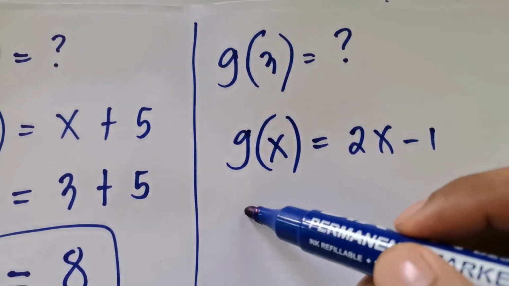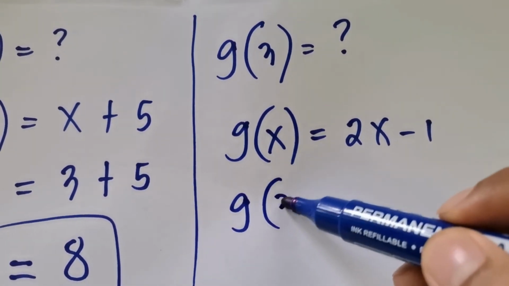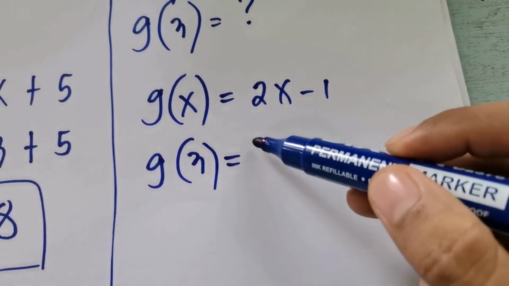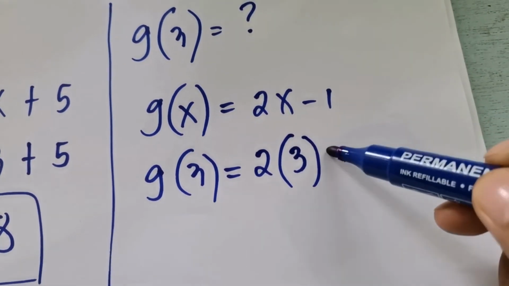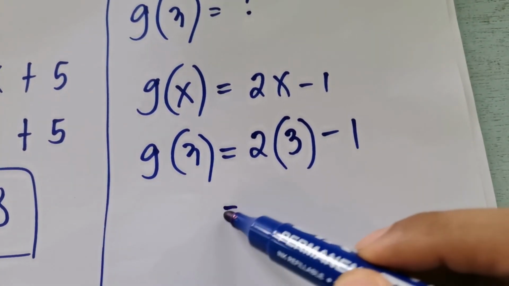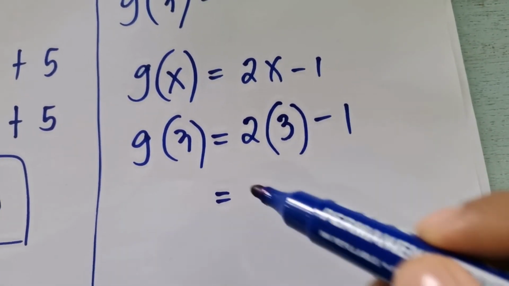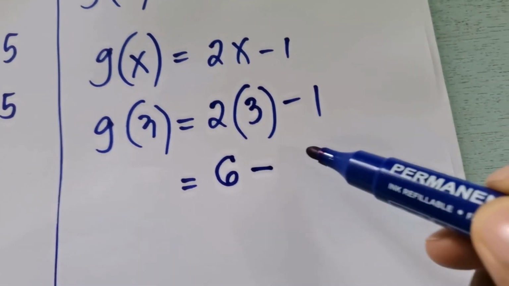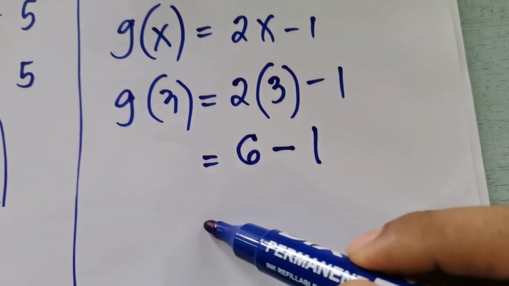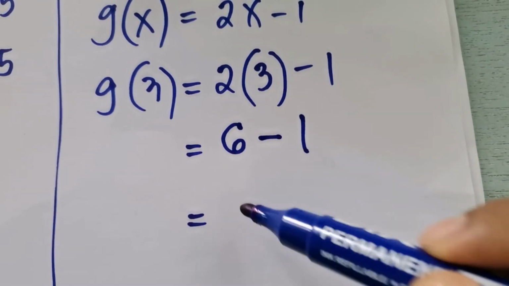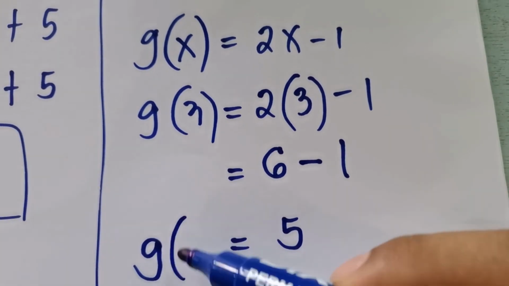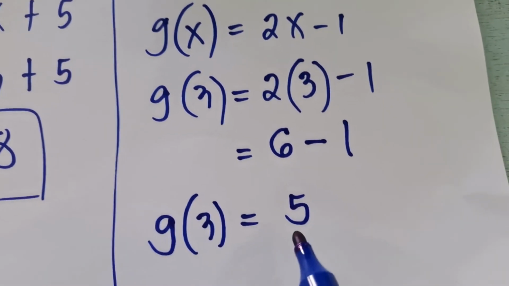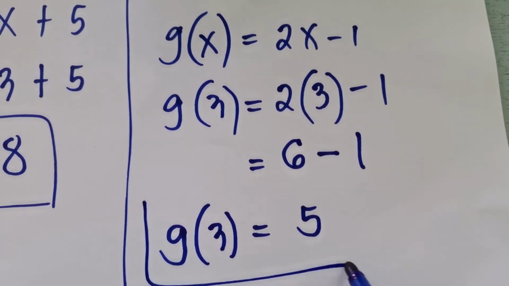Our x is 3, so we have g of 3 is equal to 2 times 3, our x, minus 1. 2 times 3, that is 6, minus 1. Then 6 minus 1, we have 5. Now our g of 3 is just equal to 5.